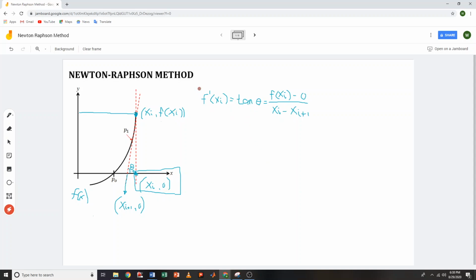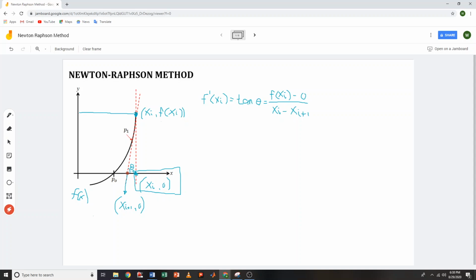Using the formula of the slope, tangent theta is y2, which is f of x i, minus 0, which is y1, all over x i minus x i plus 1. So the iterative process from this point will now be point 2.